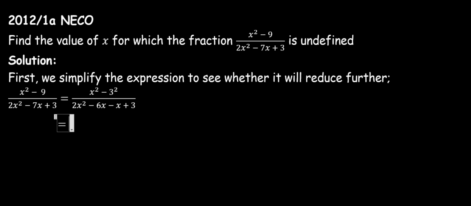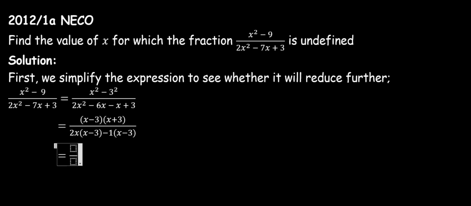And our result will be: the numerator is a difference of two squares, which you have seen clearly there, to be (x minus 3) into (x plus 3). So at the denominator, you just factor out 2x in the first 2 terms. You will now have 2x out, and you will be left with x minus 3. Then you factor out minus 1 from the last 2 terms, and you will be left with x minus 3.